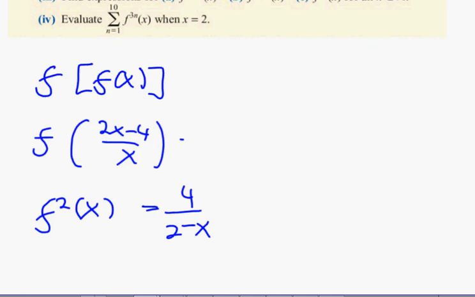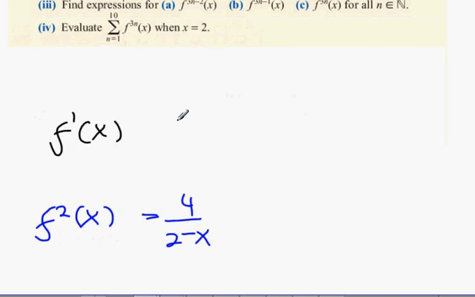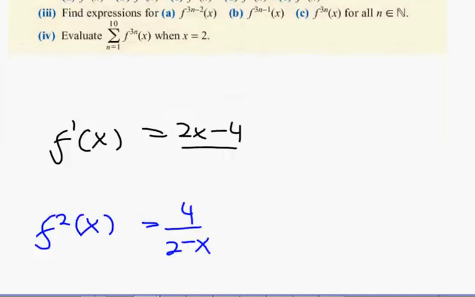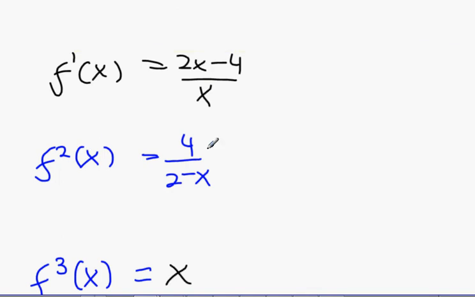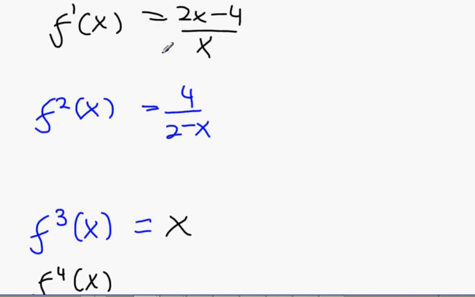Now, look at the following. F1 or f of x is what, guys? F1 is 2x minus 4 all over x. F2 is 4 minus 2 over x. F3 is x. What does that mean F4 is going to be? It's going to get sent back to 4 minus 2 minus x.